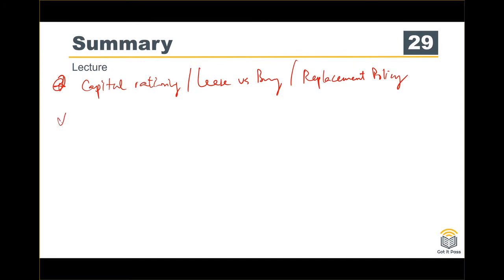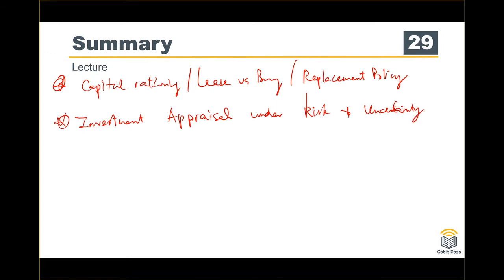And next is about the investment appraisal under risk and uncertainty.